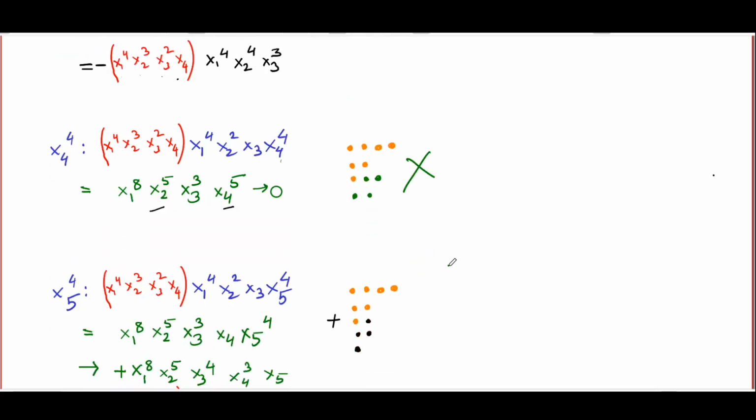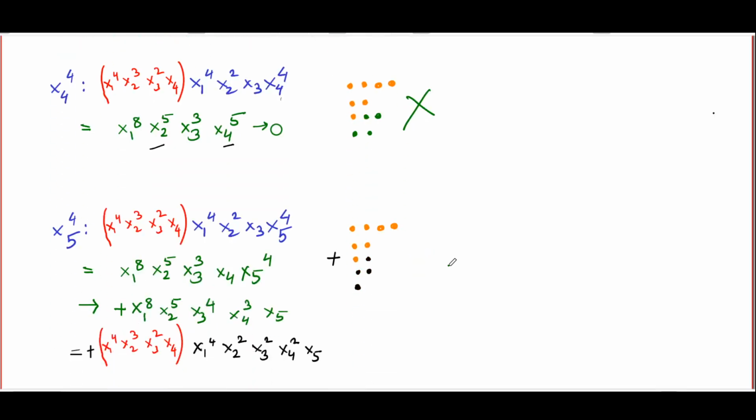And if we do that, we now have this which we already had before at the previous stage, and a further x5 to the 4. Notice now that we have x1, x2, x3, x4, x5 with powers of 8, 5, 3, 1 and 4. Wrong order. So I have to make it right.